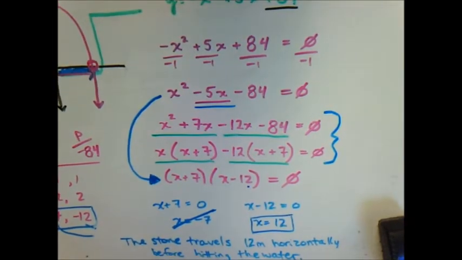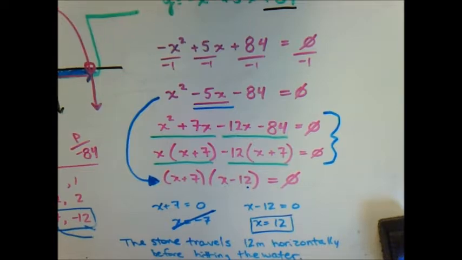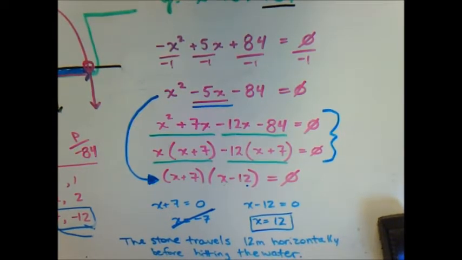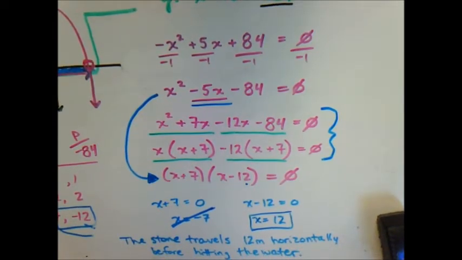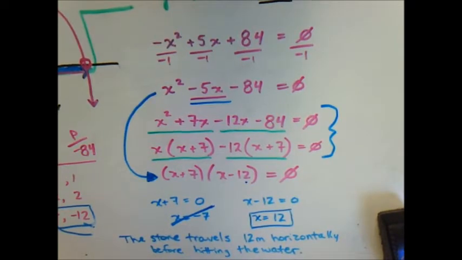The stone travels 12 meters horizontally before hitting the water, and that is a real-world application of solving a quadratic equation by factoring and finding the roots of the equation.